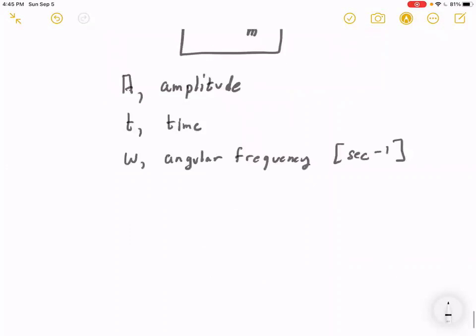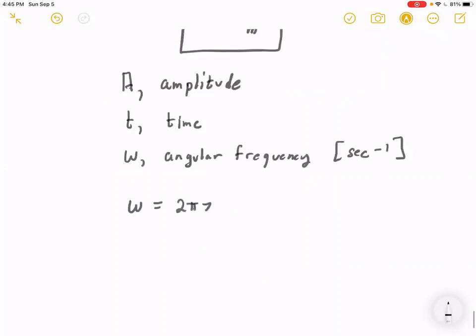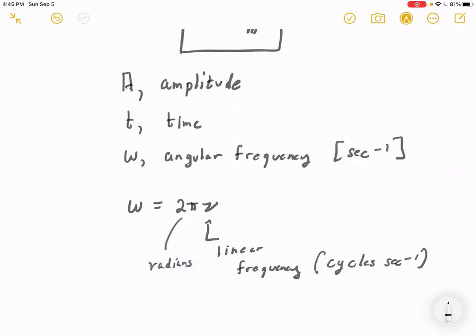My angular frequency omega is 2 pi times nu, where nu is what we will call our linear frequency. So nu has units of cycles per second, and 2 pi tells us the number of radians in a cycle. So my angular frequency has units of radians per second, and a cycle really is dimensionless.